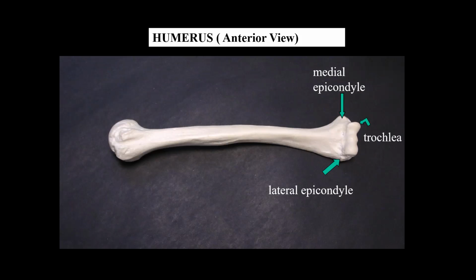The trochlea is the ridge next to the medial epicondyle, and the capitulum is the ridge line next to the lateral epicondyle. It's called the capitulum. So we have these four structures here, two of which are going to be very, very important in movement of our lower arm. Medial and lateral epicondyles are there for attachment of muscles.